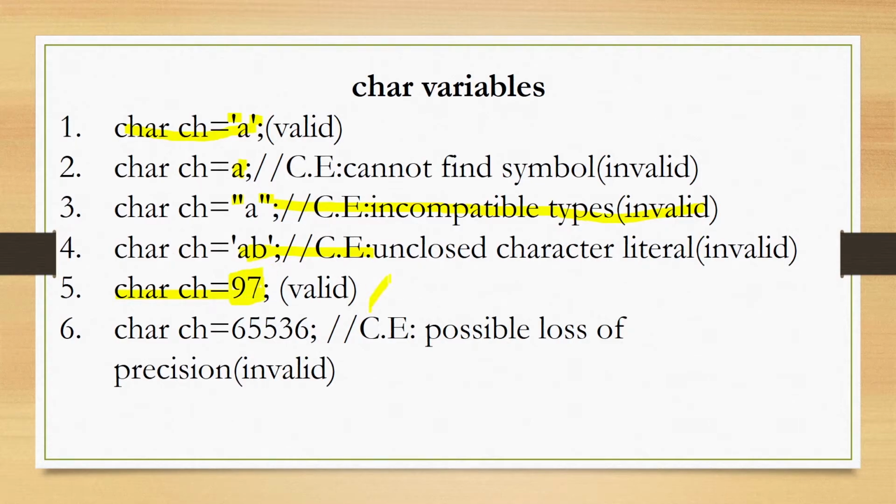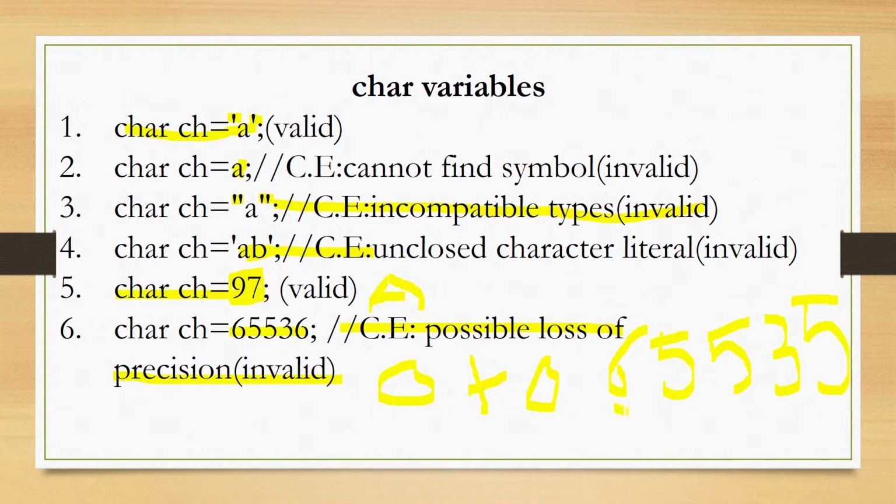So the value of this ch would be capital A, the uppercase A. Then ch is equal to 655536. We get an error here because the range is from 0 to 65535.